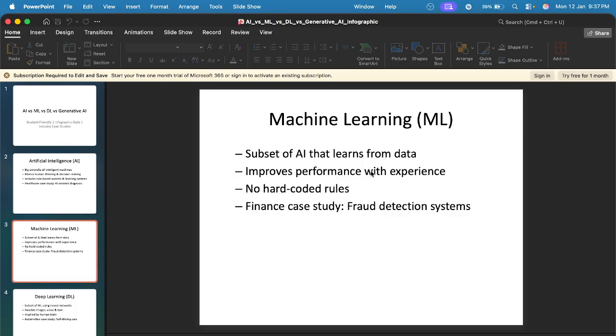Finance case study: fraud detection system. Just imagine a hacker's purpose. There are many ways to commit fraud in the finance sector.